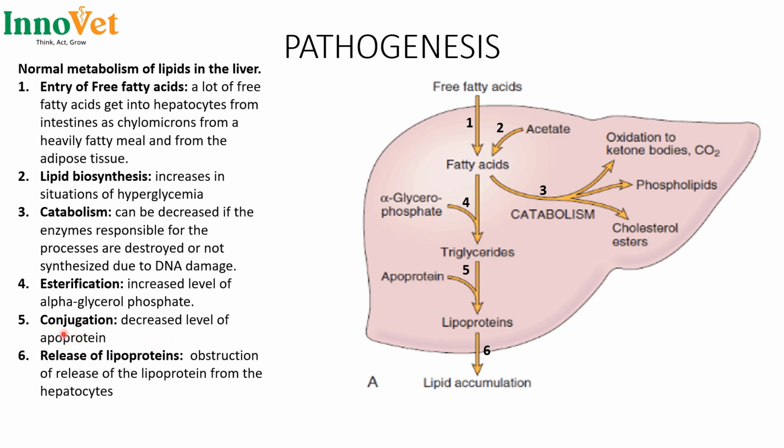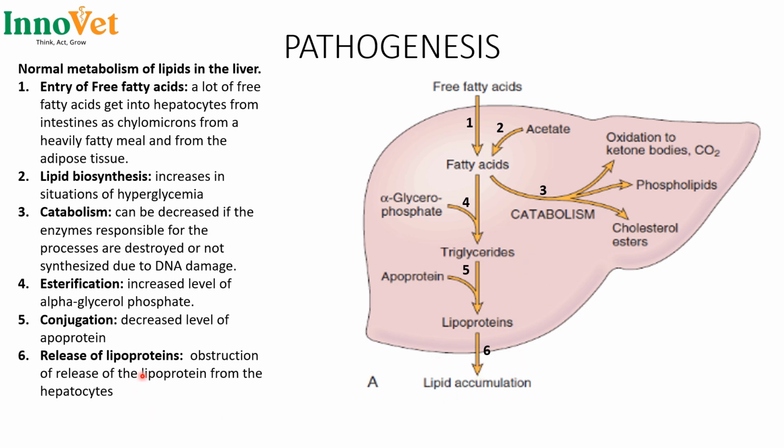Then number 5 is the conjugation. If you have decreased concentration of apoprotein, maybe it is not synthesized, you will impede this reaction where the lipids are converted to lipoproteins, and so you will have an accumulation of the lipids in the hepatocytes.